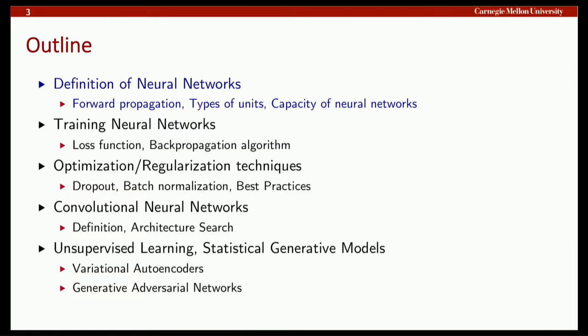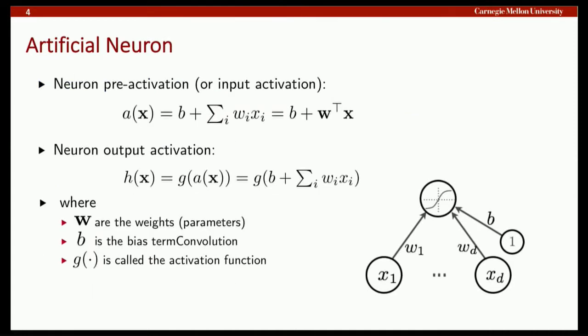Okay, so let's quickly look at what neural networks are, and let's look at a very simple definition of an artificial neuron. We basically have the following equations. We have a neuron pre-activation, or sometimes we call it input activation, and this is nothing more than taking a linear combination of the inputs and adding some bias term b here.